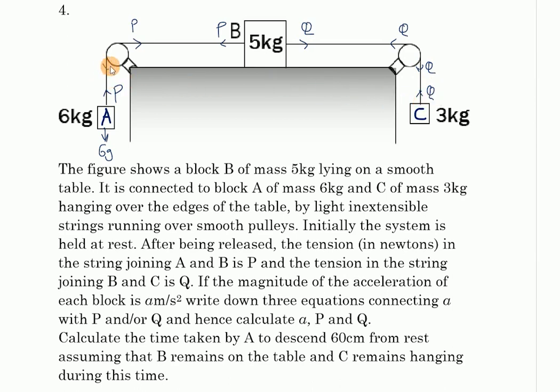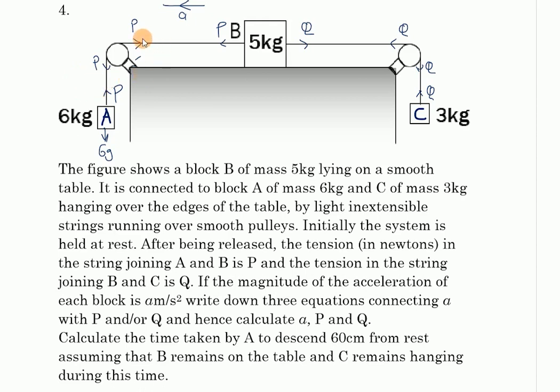So if I look at the tension here relative to the pulley, it is also P. And when we look at this diagram, from the way it is, we are supposed to have an acceleration in that direction, because 6 kilograms, 5, and then 3, this one cannot overpower the other ones.